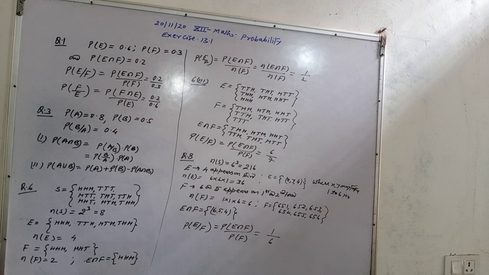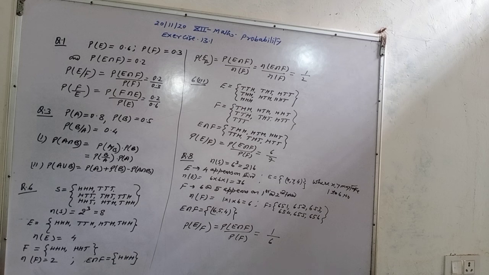Now E is the event head on third toss. So write the event which shows a head on third toss, but in the first 2 may be head or tail. Now F is the event head on first 2 tosses, so in the first 2 tosses should be head and the third may be head or tail.